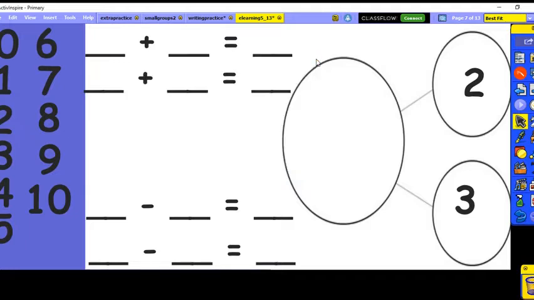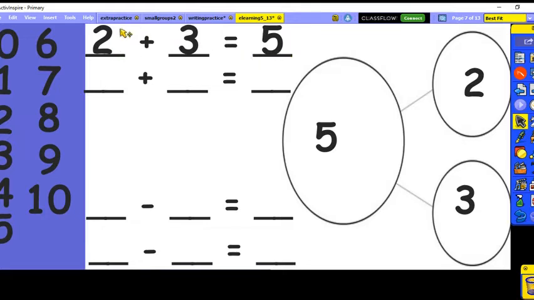So 2 plus 3 equals 5. One part is 2, one part is 3, and our total is 5. So our addition sentence: 2 plus 3 equals 5. When we add, our answer gets bigger, and our answer is called the sum.